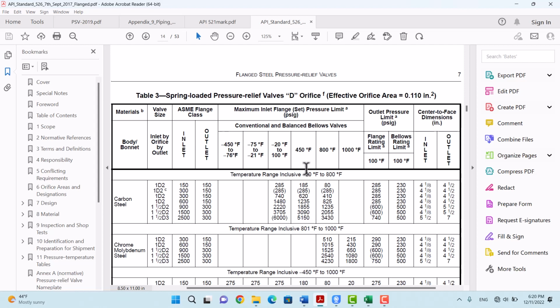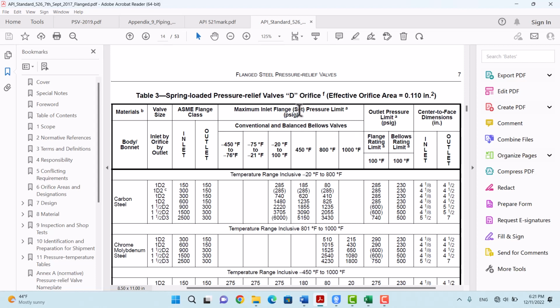So you select the operating, the relieving temperature. For instance, it lies in this area. You have selected the third row, and you find the intersect, which is this one. It means that approximately 600 psi is the maximum set pressure that the inlet flange can tolerate.